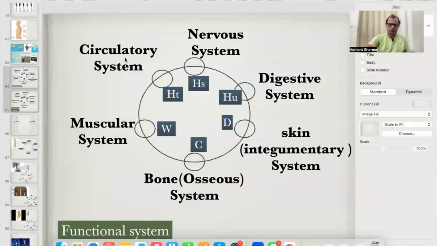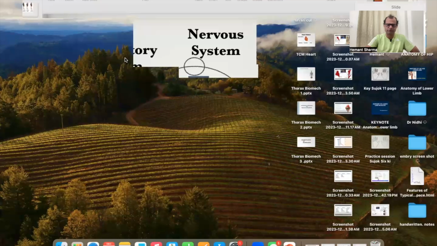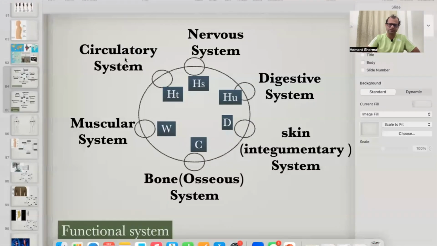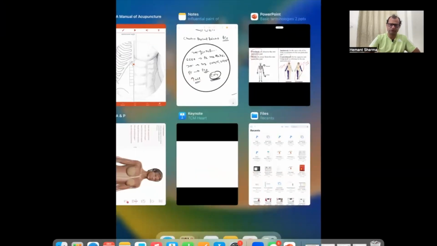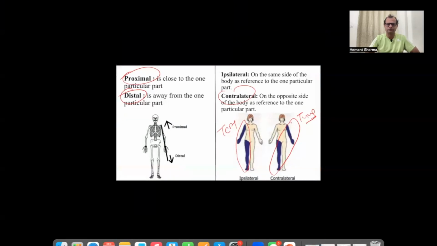In the tung we are using contralateral side. So in one word, we are writing these are the points put on the same side, ipsilateral, or contralateral means opposite side. Okay. Generally we are using the ipsilateral concept in sujok. Same side we are putting it. In sujok we are putting the point on the same side.